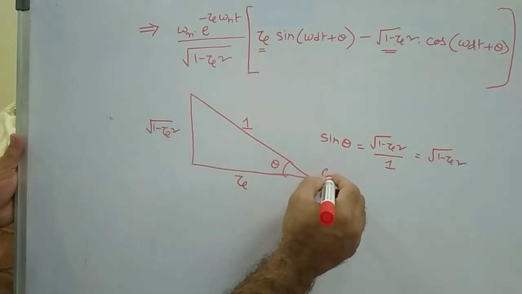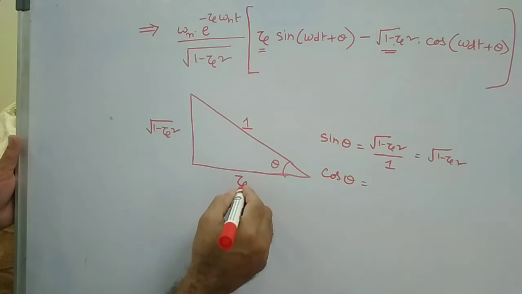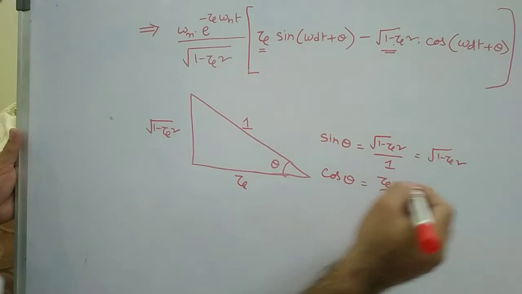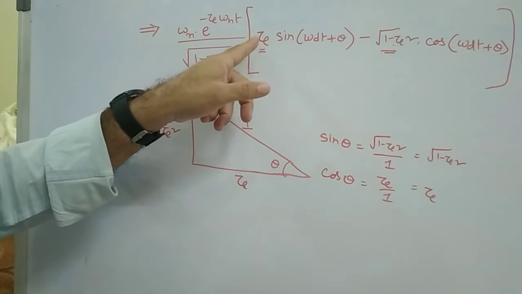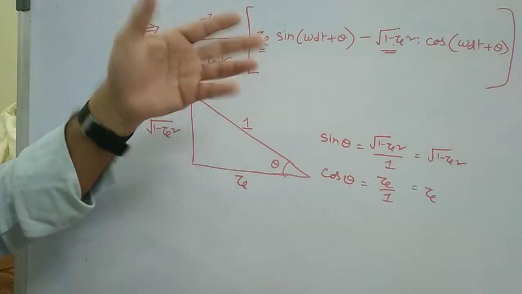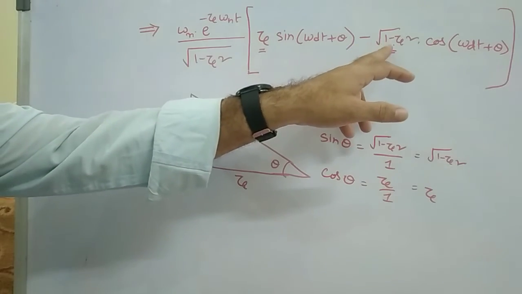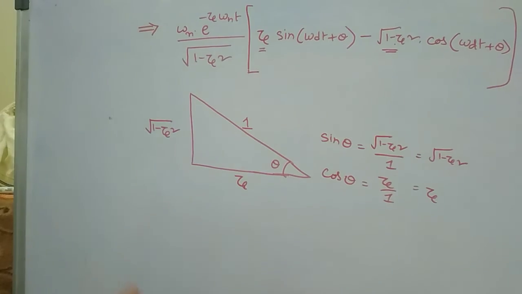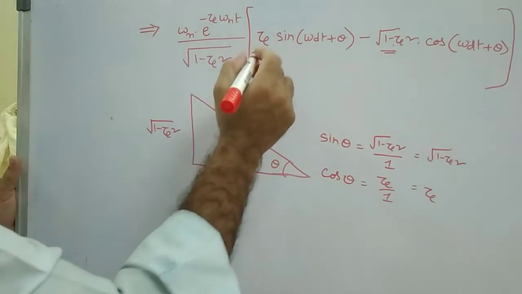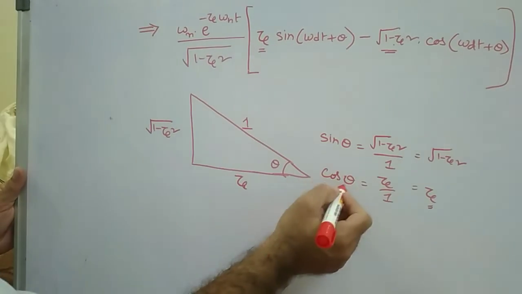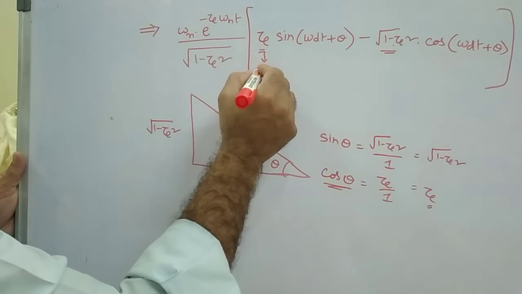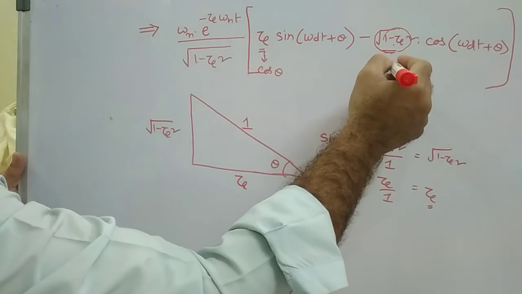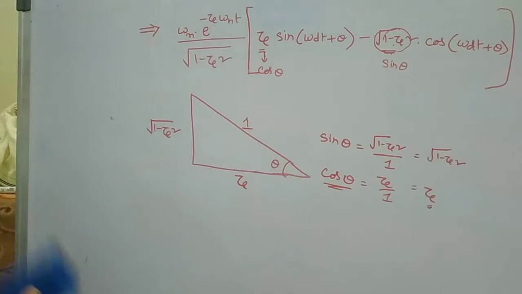And similarly, what is cos theta? Cos theta is equal to zeta by 1. It is zeta. Wherever zeta is there, this is your cos theta. You must write these two in terms of sin and cos theta. So this equals cos theta and this equals your sin theta. Clear? That's what I need to write.